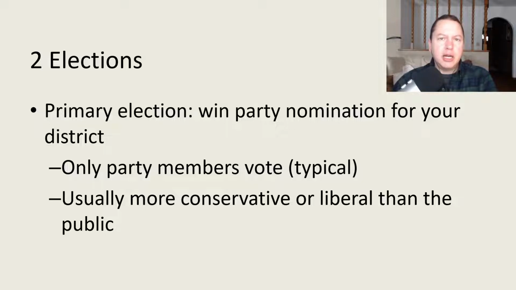So when running for Congress, there are really two elections. There's a primary election, where you have to win a party nomination for your district. Typically in the primary election, only party members vote. Now there are some states that have open primaries, there are some states that sort of have hybrid primaries, but typically you can only vote in one party primary at a time.